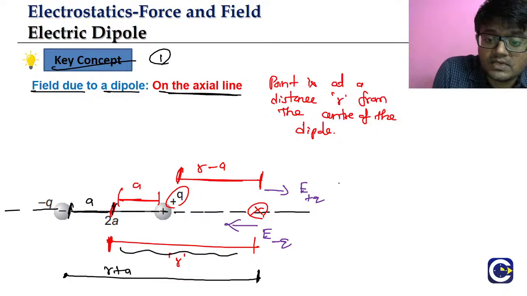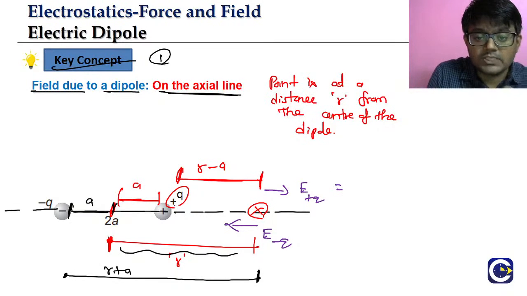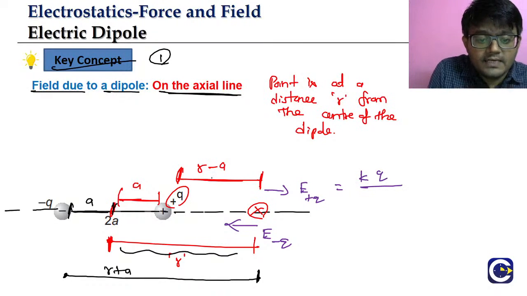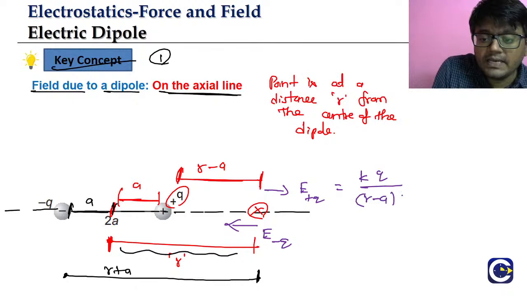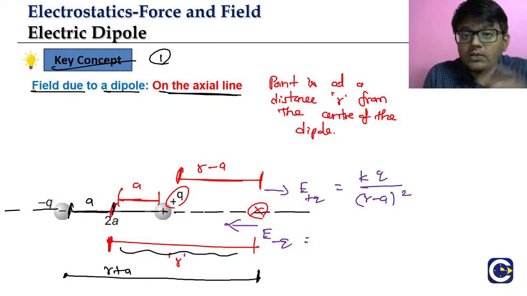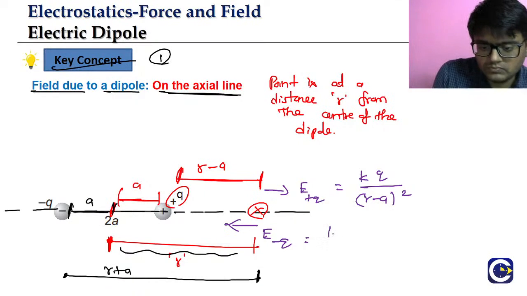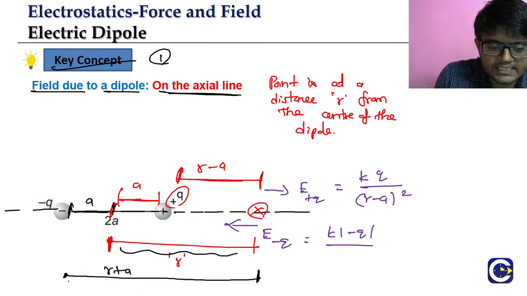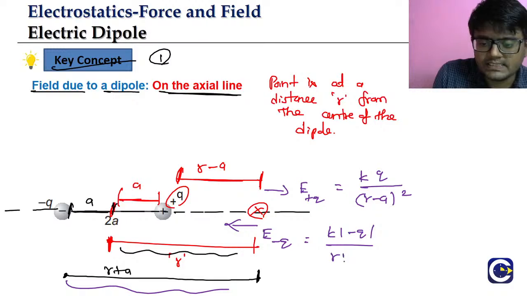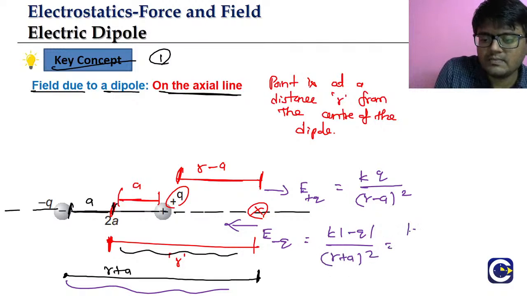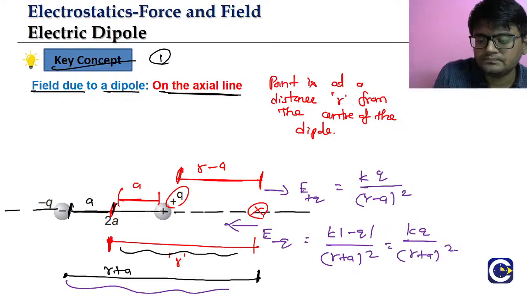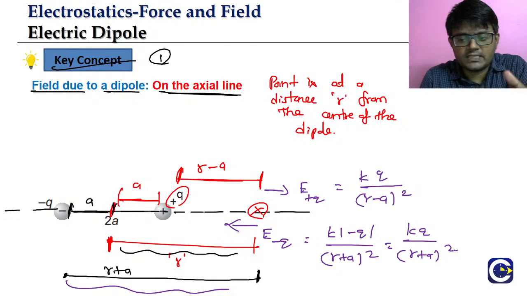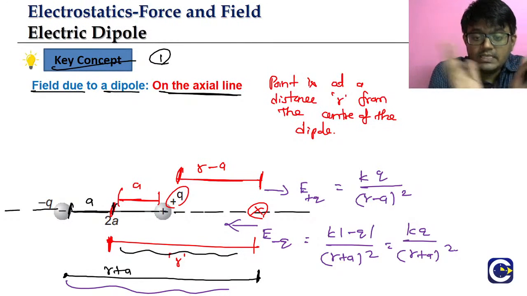இப்போ let us just look at the magnitudes. இந்த plus q develop பண்ண electric field ஓட magnitude, what is it, k into q by distance, r minus a the whole square. நெகட்டிவ் சார்ஜ் டெவலப் பண்ண எலக்ட்ரிக் ஃபீல்டோட மேக்னிடியூட் மட்டும். மேக்னிடியூட் சொன்னா மாடுலஸ் வரும். ஓகே, k into modulus of minus q by distance, from the negative charge, what is the distance? r plus a. இது kq by r plus a the whole square. இப்போ the field produced by the positive charge and the field produced by the negative charge, they are anti-parallel.